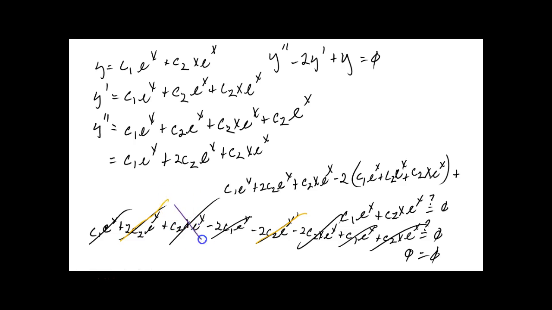The C2x e to the x, a minus C2x e to the x, and another C2x e to the x, the two pluses and 2 minus, that adds to 0. And the C1 e to the x did the same thing. I don't know if that's helpful or not. Okay, good deal.